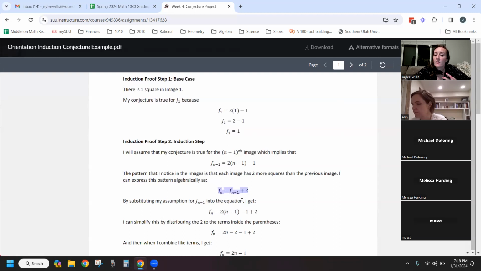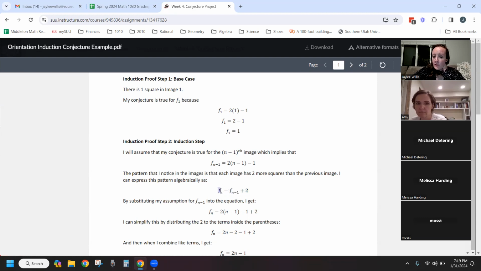But in this case, you add 2 to the previous one to get the current one. Is everybody good with that part? Yes, no, any questions? That makes sense so far. Okay.